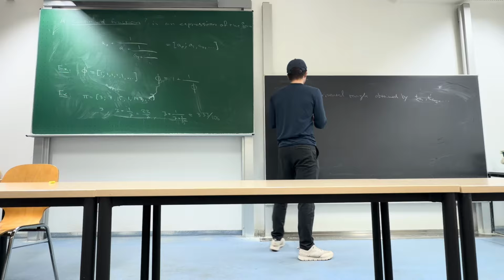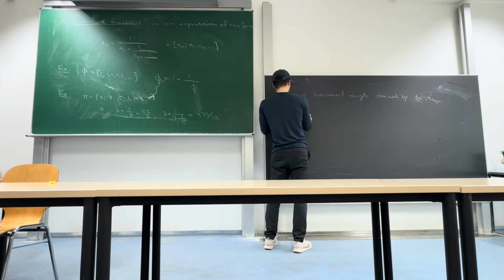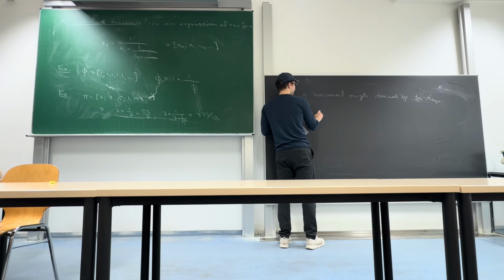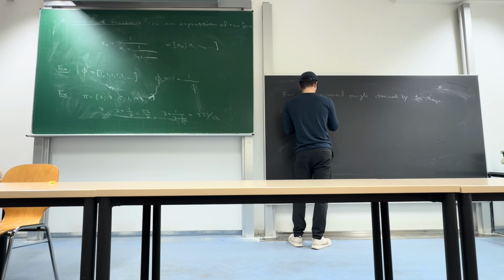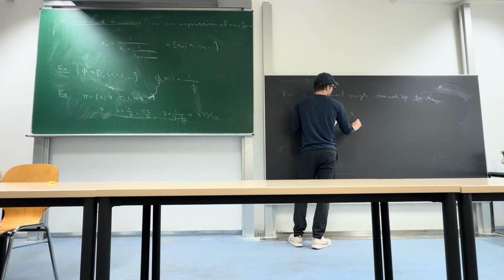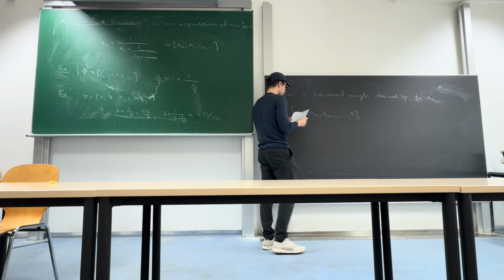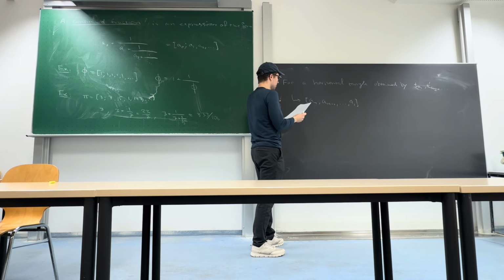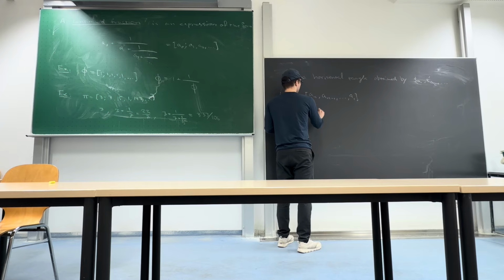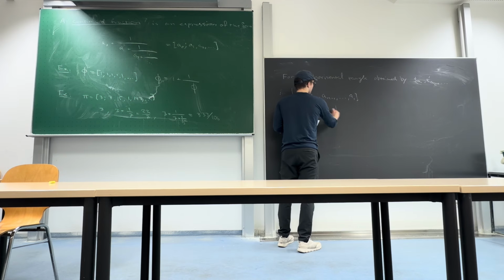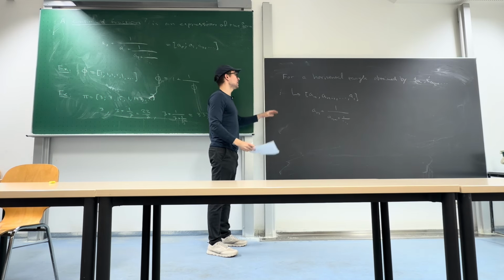We associate to this the continued fraction AN semicolon, AN minus 1, and all the way down to A1. So remember, this is AN plus 1 over AN minus 1 plus 1 over, and then we stop at some point.